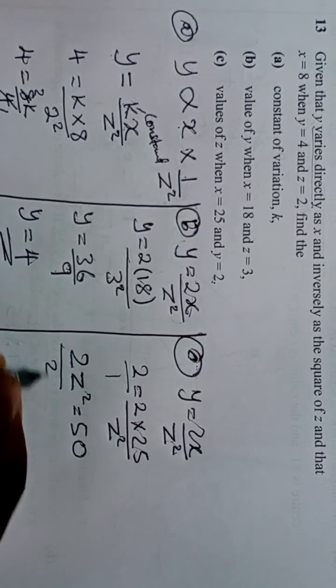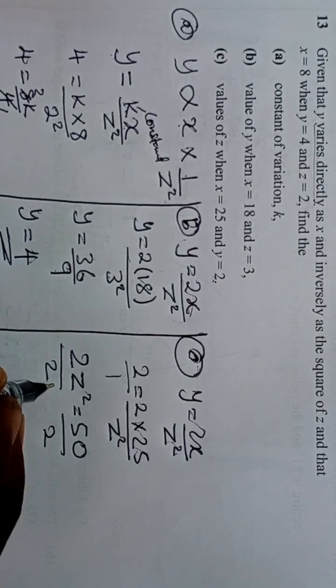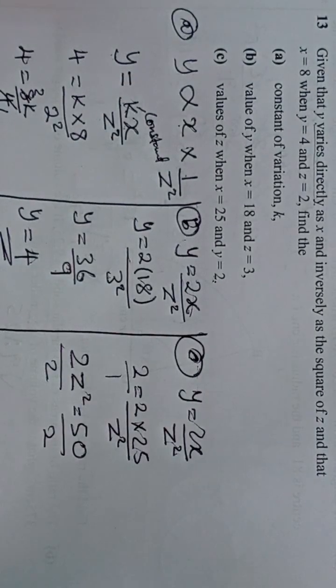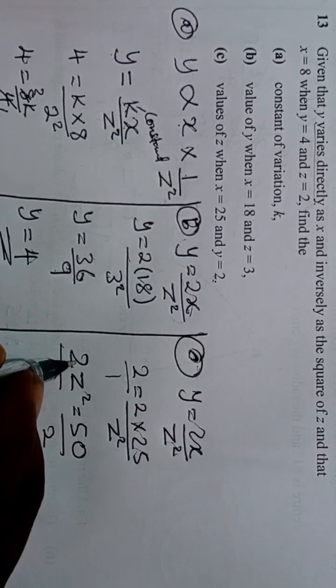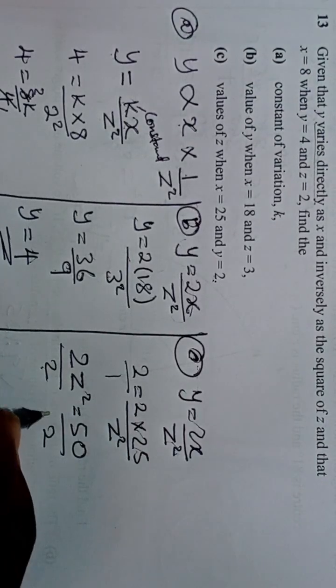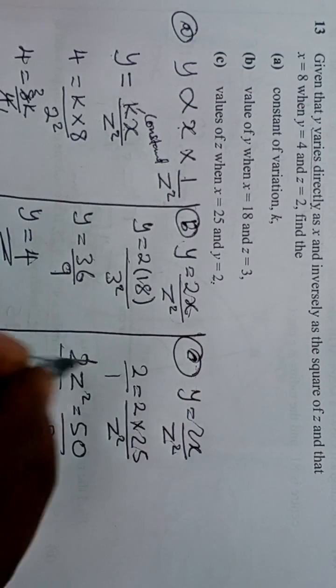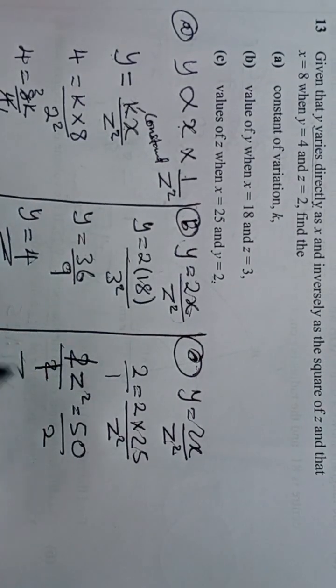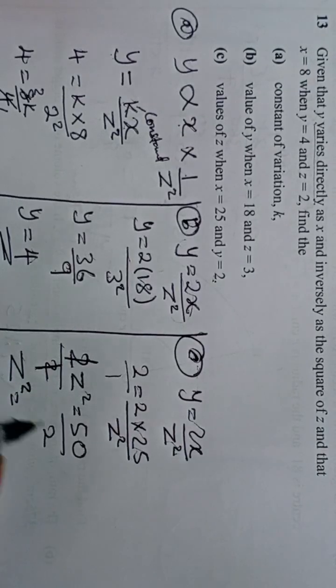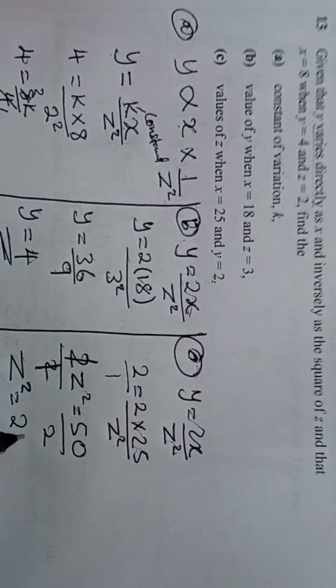So you divide both sides by 2. So 2 and 2 go, remain with z squared is equal to 50 divided by 2, it is 25.